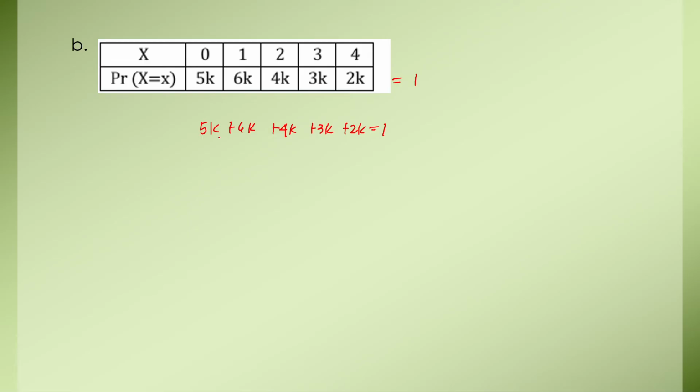If we sum this, 5k, 6k, 4k, 3k, 2k is 20k, equal to 1. So therefore, the value of k is 1 over 20. Okay, so the value of k here, to make it a discrete probability distribution, is 1 over 20.